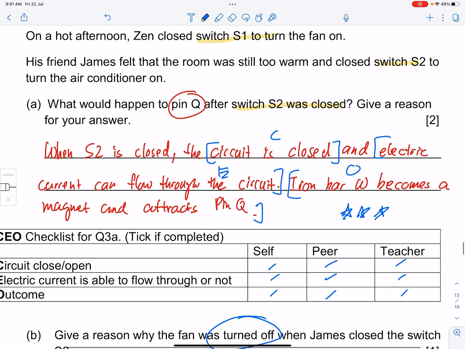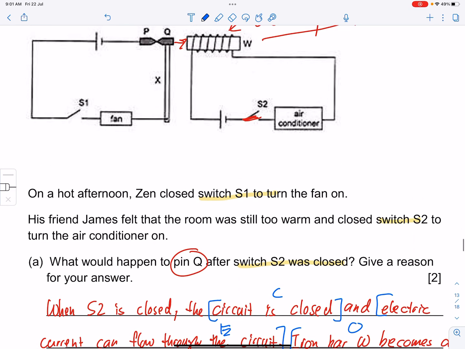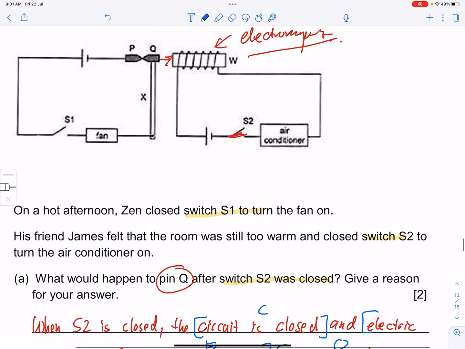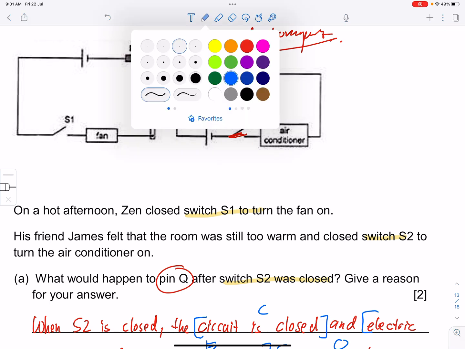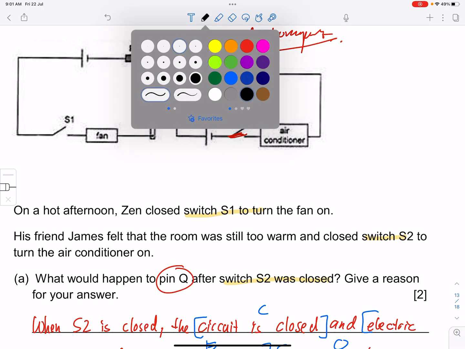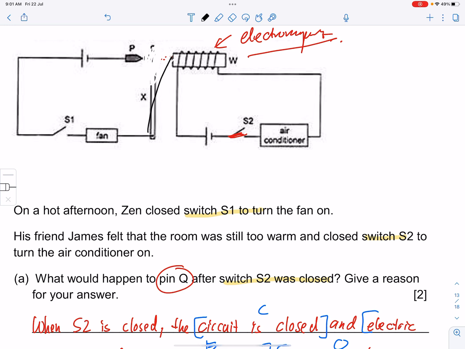So if you take a look at it, when you close switch 2, because Q now moves over to, let me erase away Q first. Now Q moves over to this side. Let me draw back Q in. Can you see that there is a big gap here?